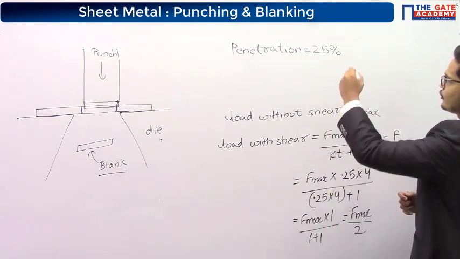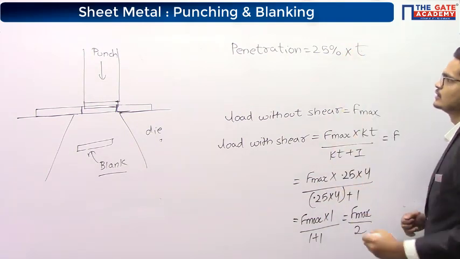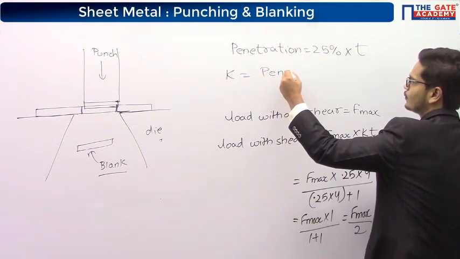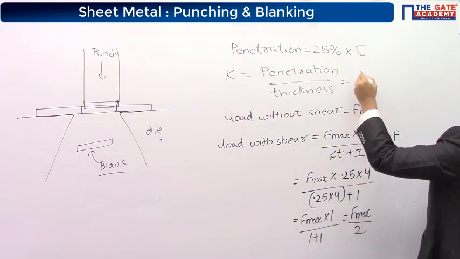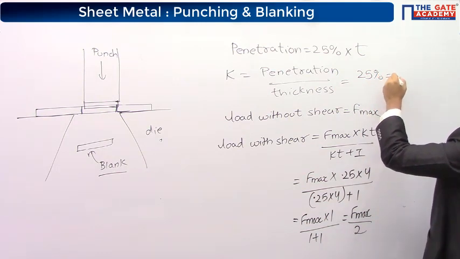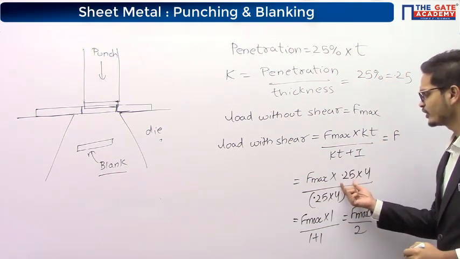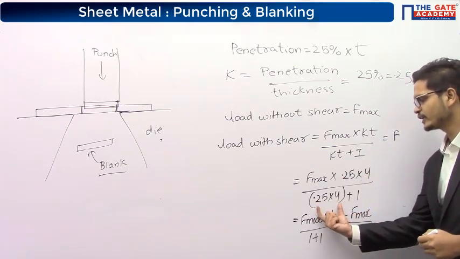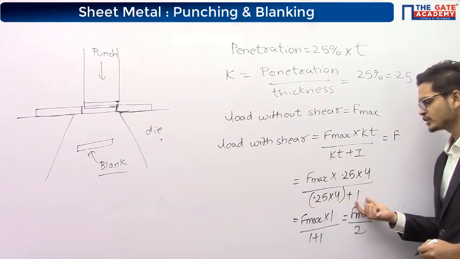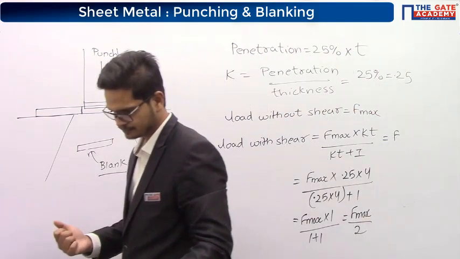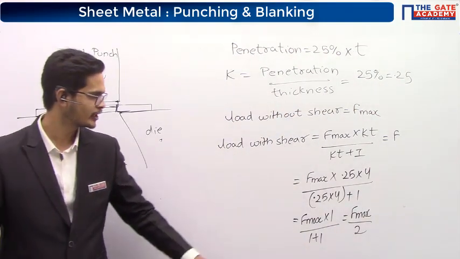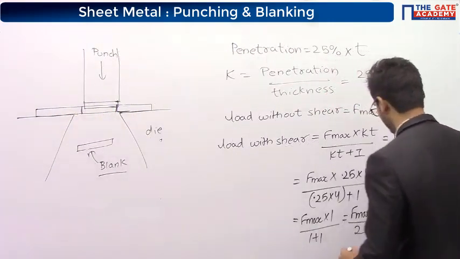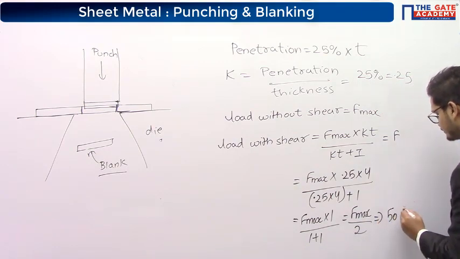It is 25% of thickness. So what I told K was penetration by thickness ratio. So it is 25%, that is 0.25. That's why I have taken K as 0.25 into the thickness 4 divided by KT, again 0.25 into 4 plus I. The shear they have mentioned as 1 mm. So it is F max by 2. Okay. Hence there will be 50% reduction.